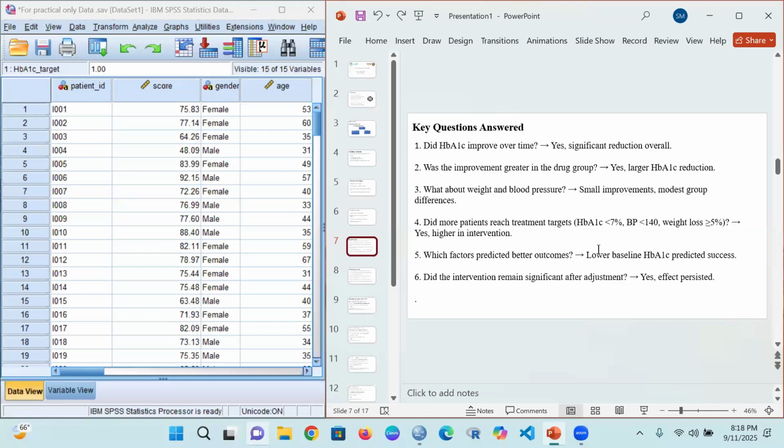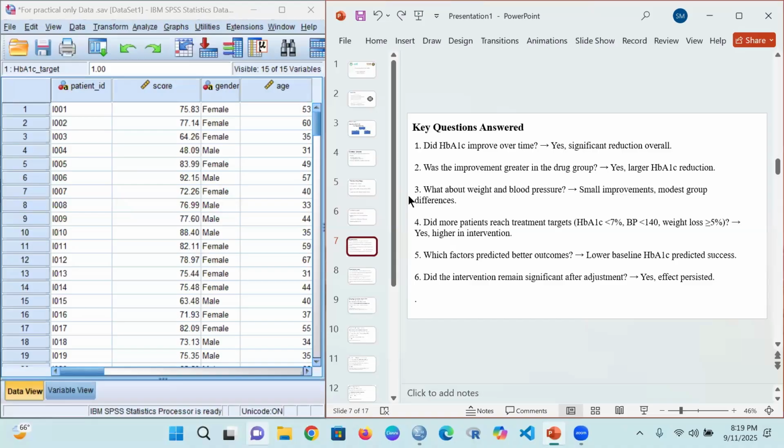So the question was whether the intervention remains significant after adjustment. We have concluded after multiple analyses that the intervention did not remain significant after the adjustment.